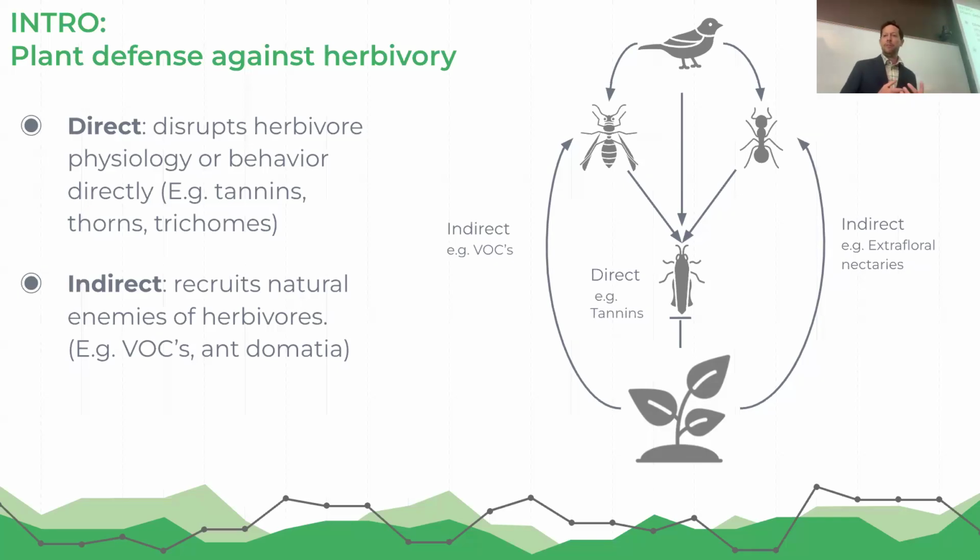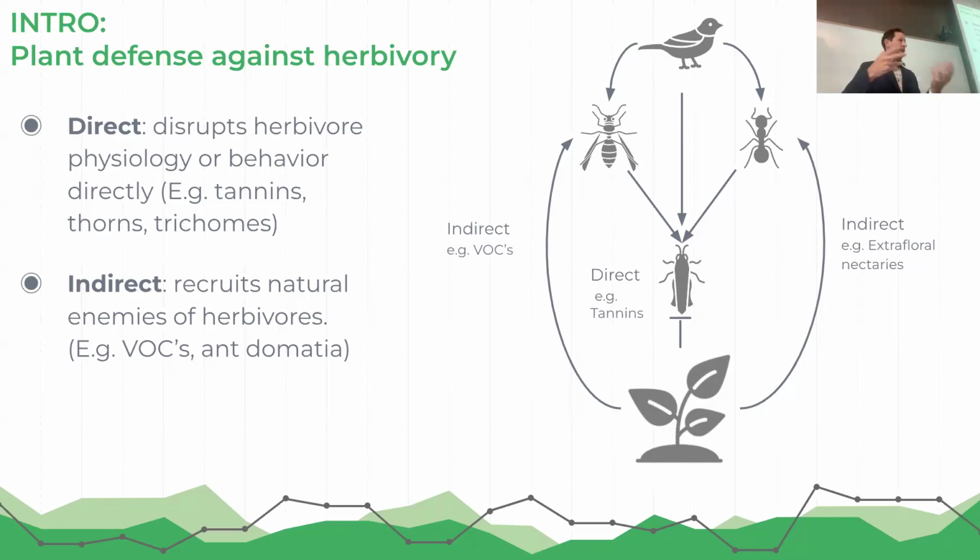And then there are indirect defenses, which also play a role in defending plants against herbivores, except in this manner, plants recruit predators of the herbivores, whether predatory insects or parasitic insects such as wasps, through the release of volatile organic compounds from the leaves that might attract these wasps, or through extrafloral nectaries, which might attract ants to particular plants.